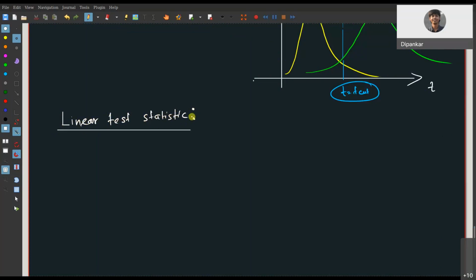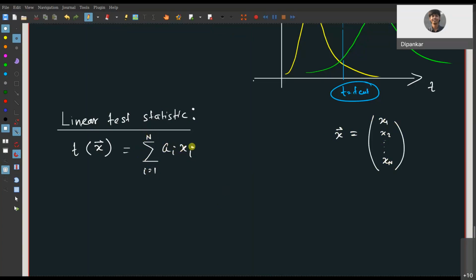So the linear test statistic means, if you have n data points, then T of x, where x is a vector x1, x2, up to xn, is the sum over i equals 1 to n of a_i x_i.